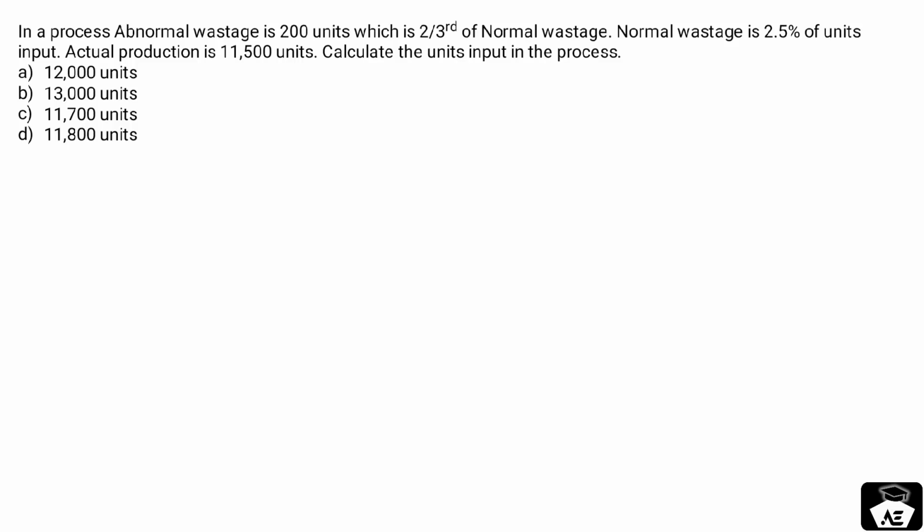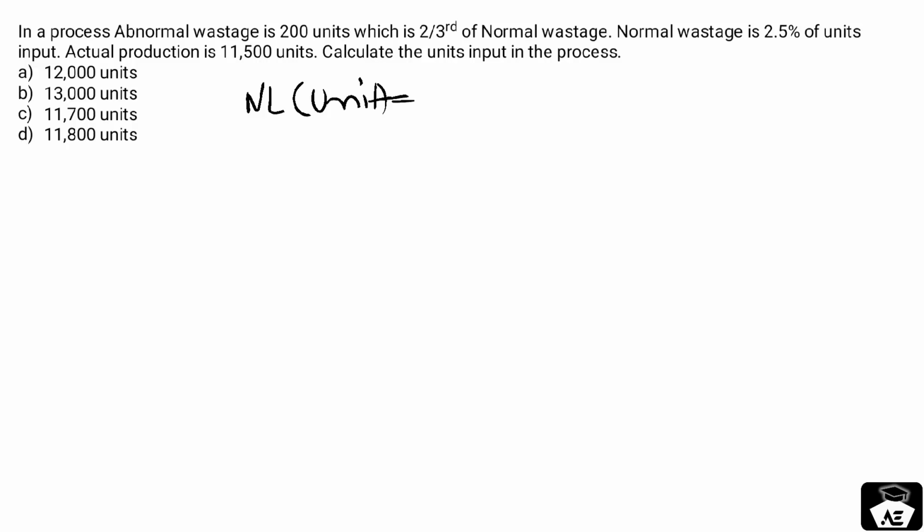So first let us find the units of normal wastage. So normal loss in units, that it is said that abnormal loss is 200 units, which is 2/3 of normal wastage.